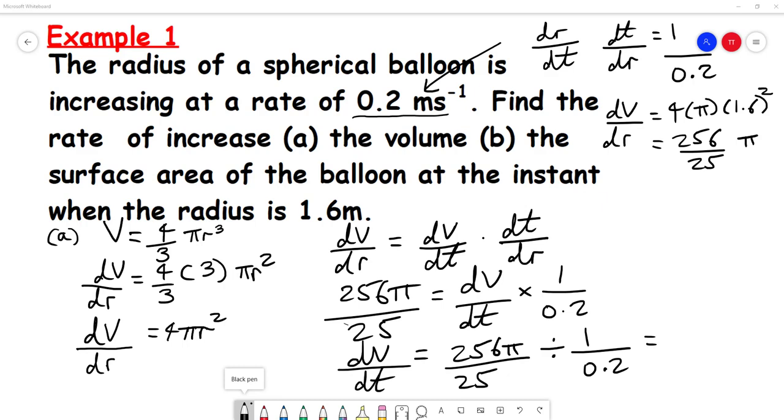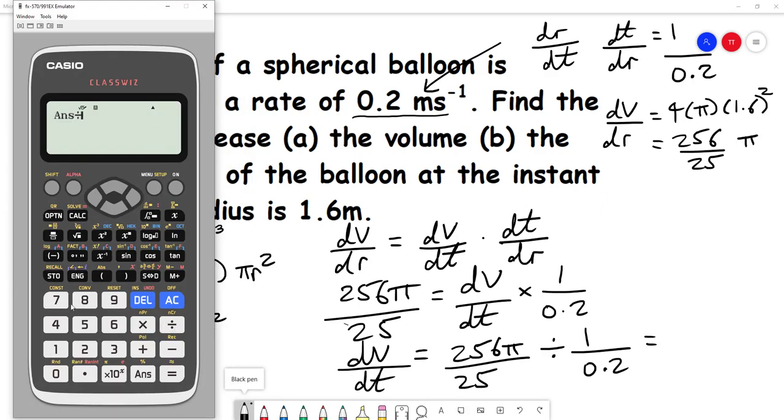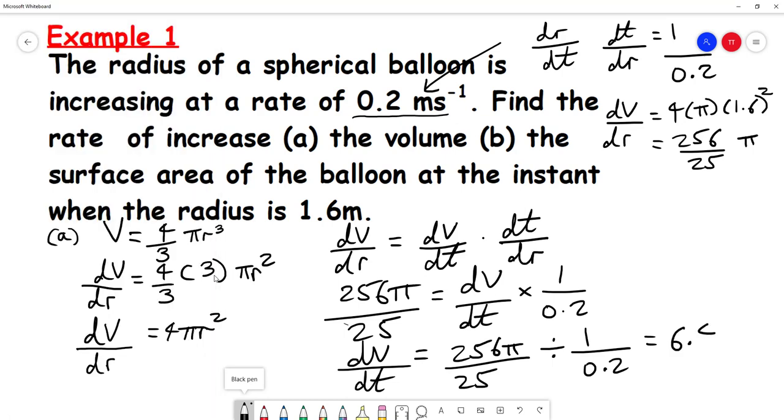Get my calculator out. Do this divided by 1 over 0.2. And I'll get 6.43. So don't forget the units. This is the rate of change of the volume, so it's in meters cubed per second.